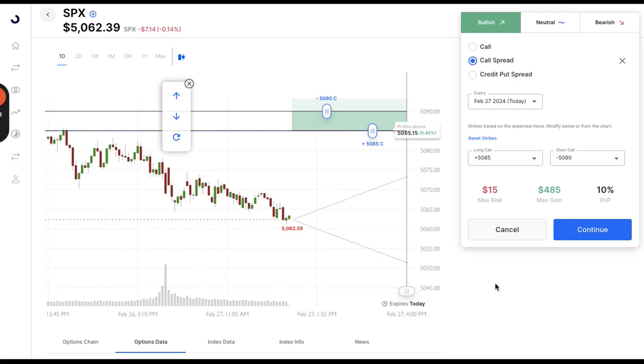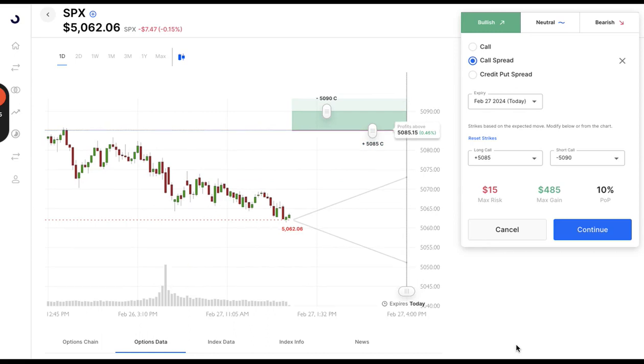Now, here's what's interesting about this trade, though. If the SPX was going to rally into the close, and let's say went to 5090, or anywhere between 5090 and 5095, we would actually make max gain on this debit call spread. We would make $480, and then we would continue to collect that $50 from the credit call spread, and of course we would have collected the $50 from the credit put spread, the $100 in the condor.